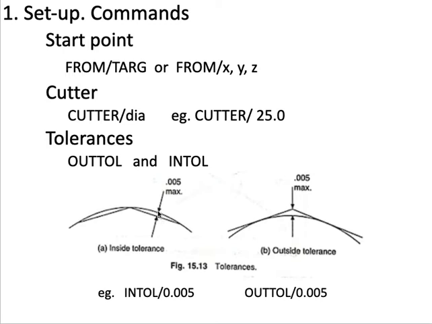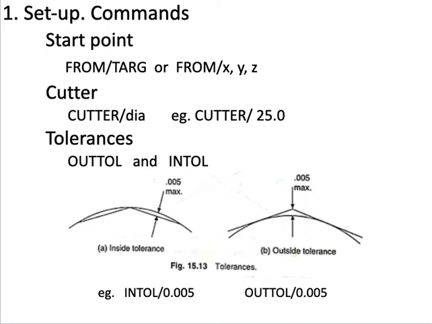For example, if the inside tolerance is 0.005, you write INTOL slash 0.005. And if you want outside tolerance, you write OUTTOL slash 0.005.